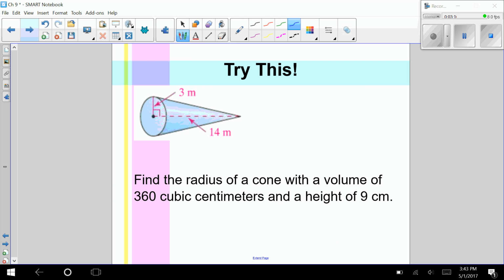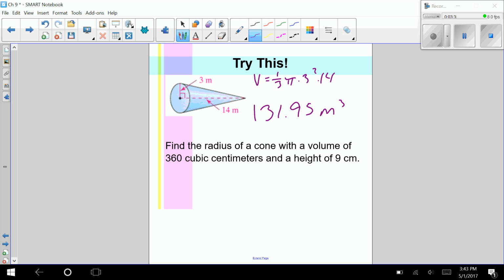You're going to try these two on your own now. All right, for the first one, volume should be 1/3 pi times 3 squared times 14, which should give us a volume of 131.95 cubic meters. For the second one, we should do 360 equals 1/3 pi r squared times 9.